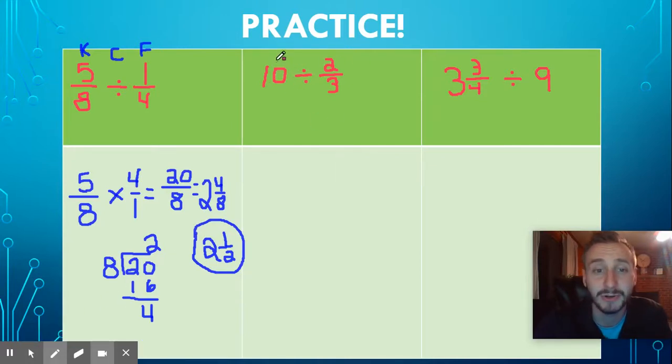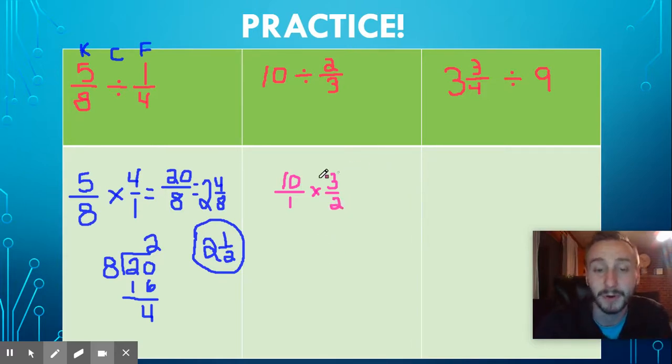10 divided by 2/3. Keep, change, flip. 10, and we're going to add a 1 underneath so that it's a fraction. Change to multiplication. The reciprocal of 2/3 is 3/2. Let me show you a quick little shortcut.